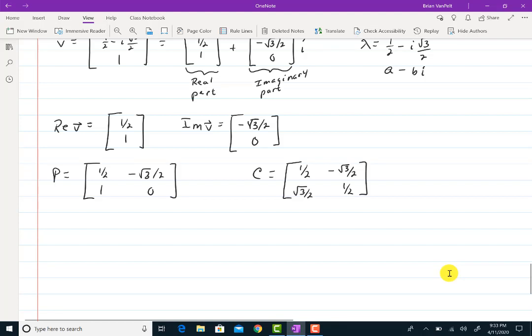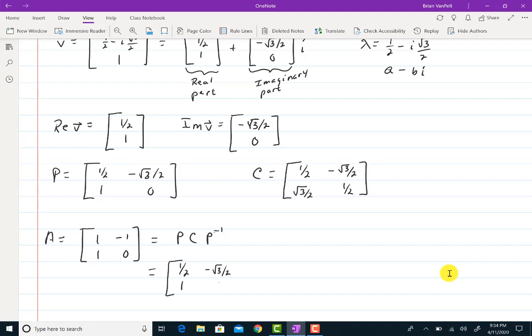So accordingly, here's my breakdown. A, which was the matrix 1, negative 1, 1, 0, will equal P, C, P inverse. And let me go ahead and put it, and I'm going to multiply it out just to show you that it actually does work. 1/2, 1, negative radical 3/2, 0.